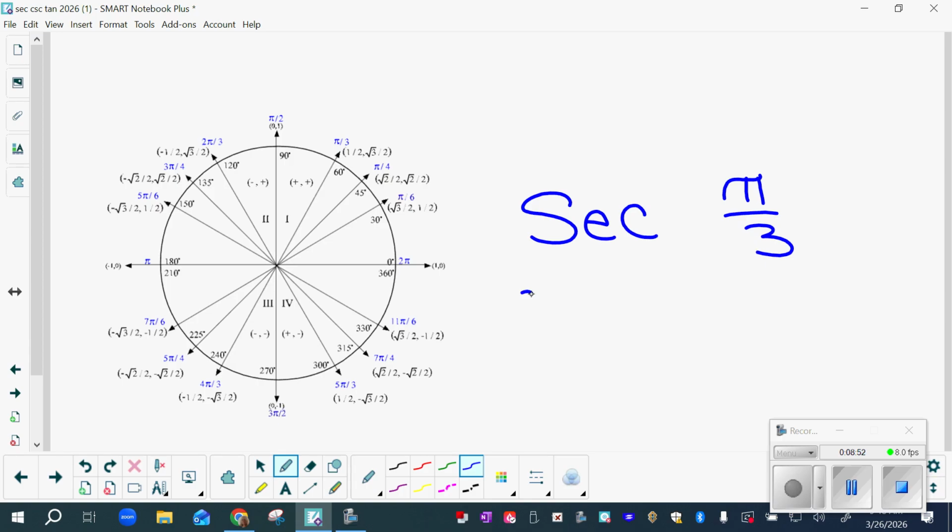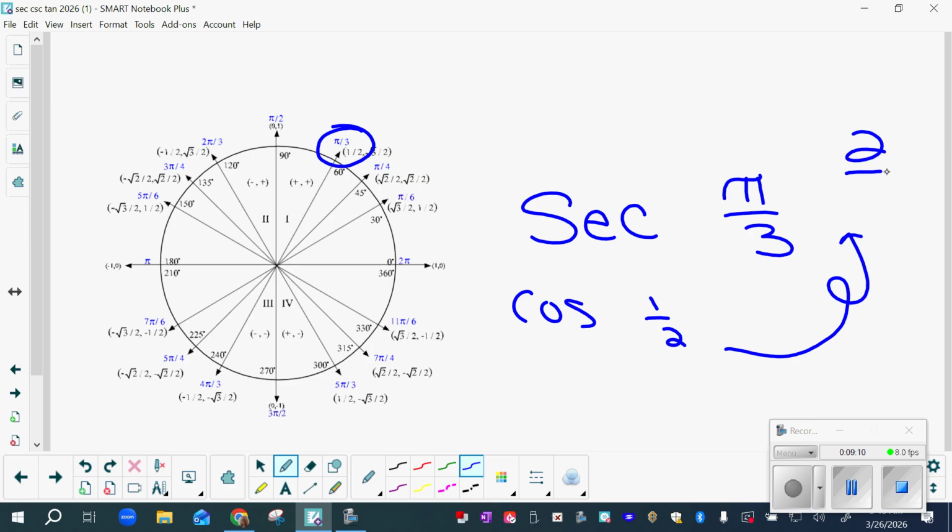And cosine is this guy right here, which is 1/2. But I want the weird version of that. So he's the weirdo cousin who hangs upside down at dinners. So it is 2 over 1. Awesome. 2 over 1. You gotta remember, 2. Yeah, it's that easy.